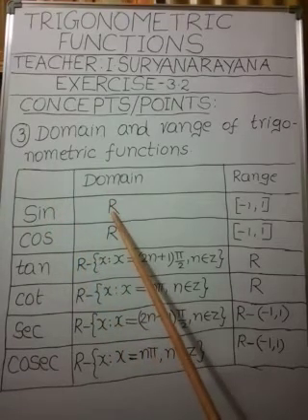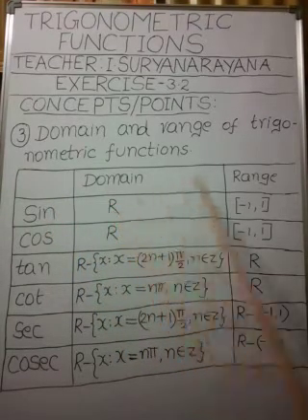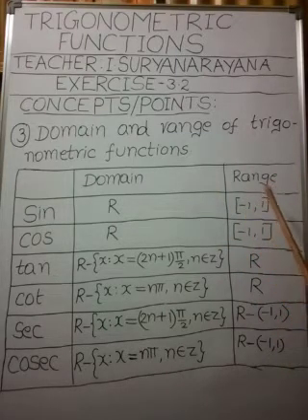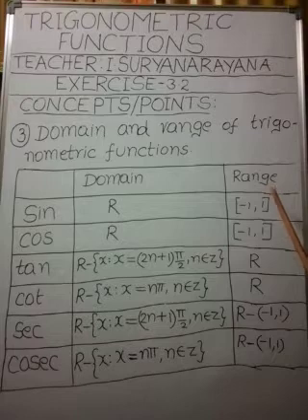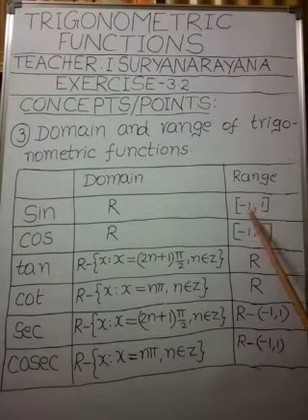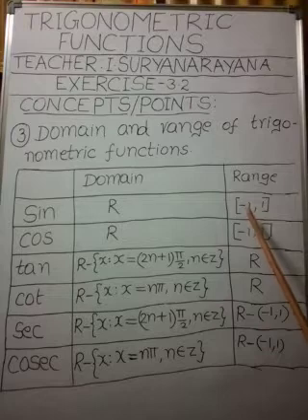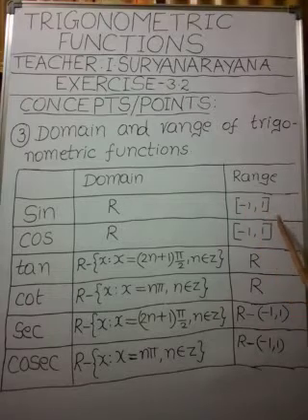Therefore, its domain is real numbers. And function values: you know what is meant by range of a function. So, closed interval -1, 1. Sine function value always lies in this interval, closed interval -1, 1. Understood this point, my dear children?